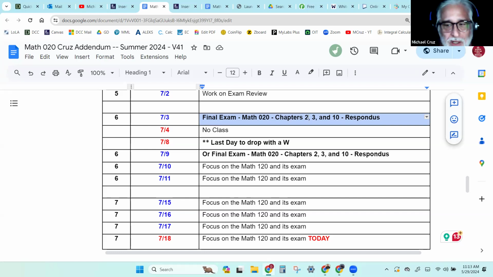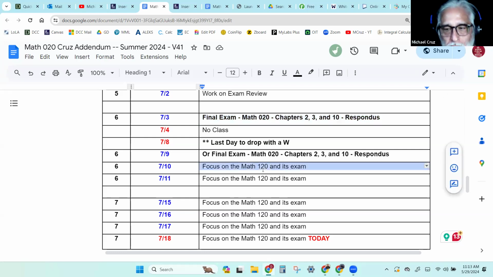And once we finish that, we stop doing stuff in here so much and gear everything towards the Math 120 and its final exam. And the final exam over there in the Math 120 includes everything because you also have a chapter 11. And so that's what the focus is on, being successful in the Math 120.